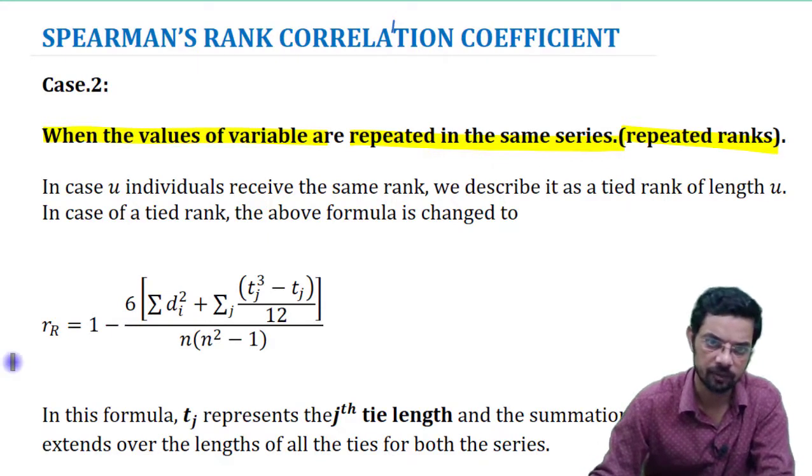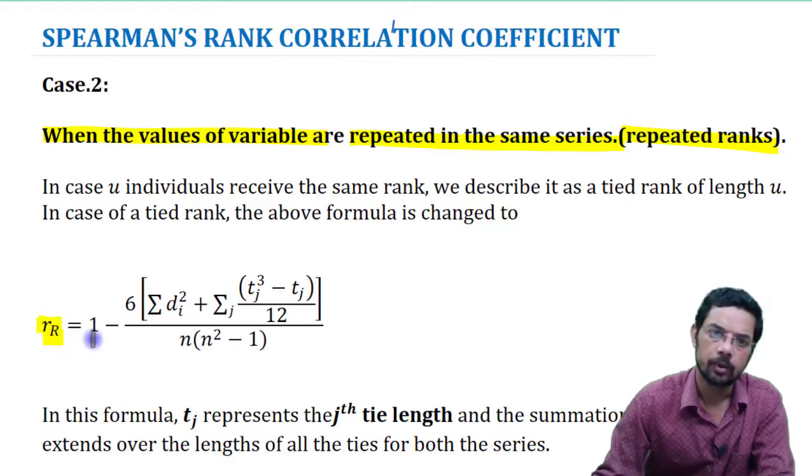The formula is given in this way. The coefficient of correlation r_R is given by 1 minus 6 into sigma di square plus the sum over j of tj cube minus tj divided by 12, whole divided by n into n square minus 1.